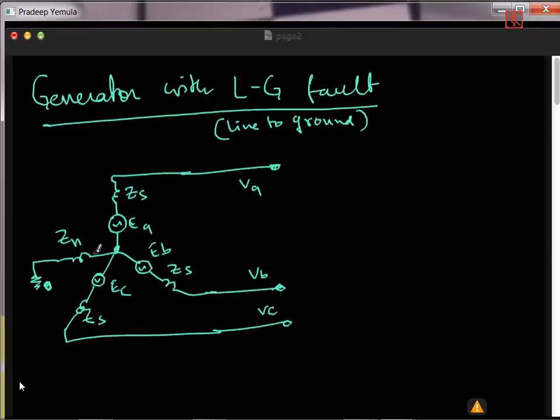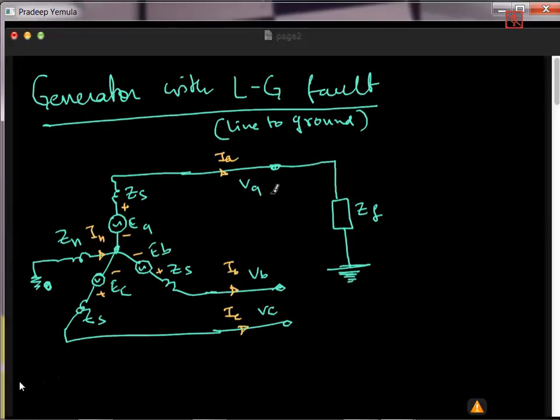If I mark the currents, this current is IN, this is IA, this is IB, and this is IC. Now there is a line to ground fault, which is what we have to investigate. There is a ground here, and a fault impedance Z fault, through which this line is connected. Under such a scenario, what will happen is what we are trying to understand.